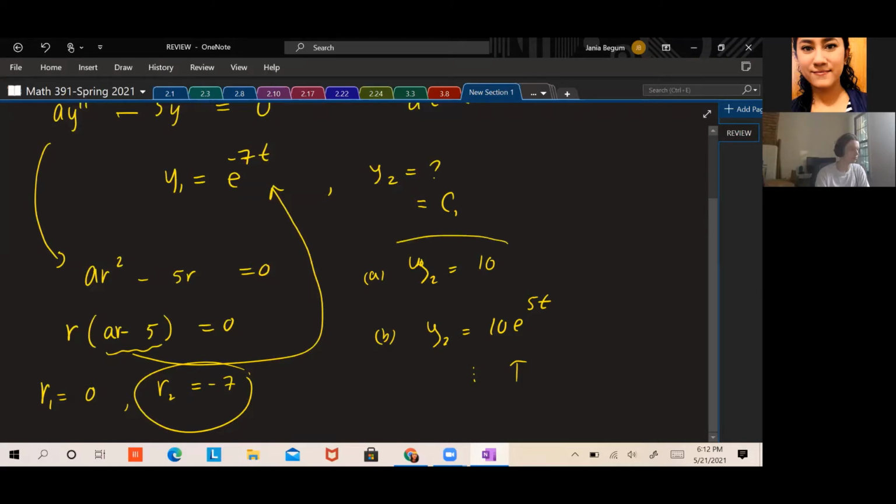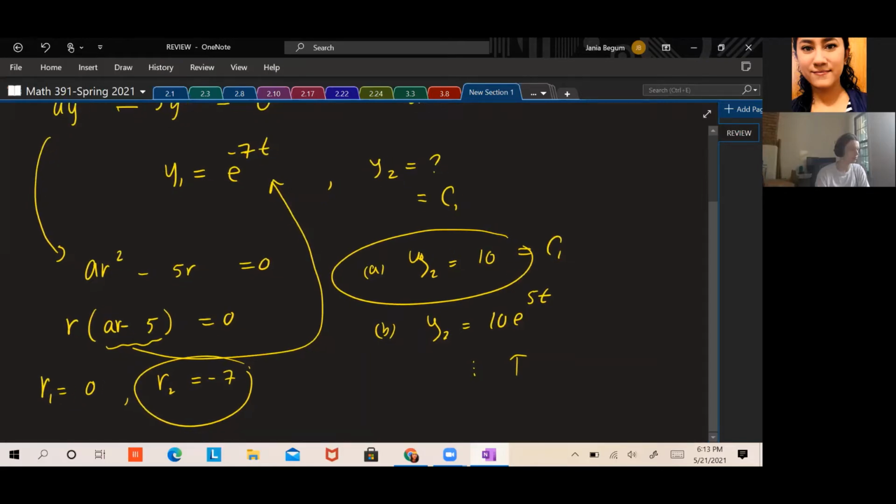So you would have to go with this one. Once we put in an initial condition, that will fix what C1 is. So pretty much you can assume that y2 is just any arbitrary constant C1. Does that make sense, Mathis? Yeah, much clearer. Thank you. Okay, great. All right, so Connie, go ahead.